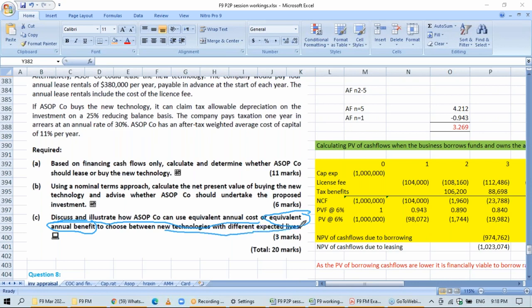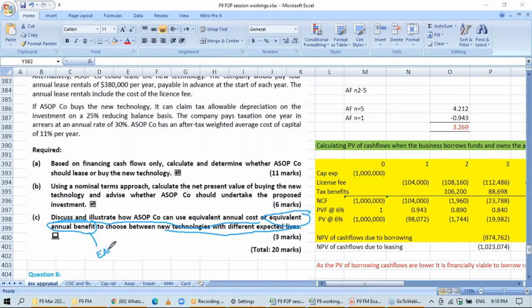So this is a replacement decision. We did the replacement decision yesterday as well, but in that we used equivalent annual cost, right? Over here I'm using equivalent annual benefits, EAB. You can also use equivalent annual benefits.